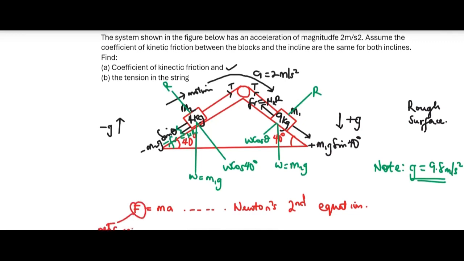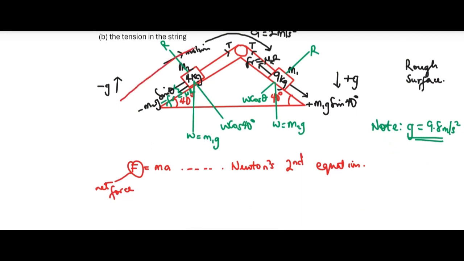So for the forces on this x axis, we're going to have tension, which is positive, minus Fr, minus M2G sine 40 degrees, equals M2A.